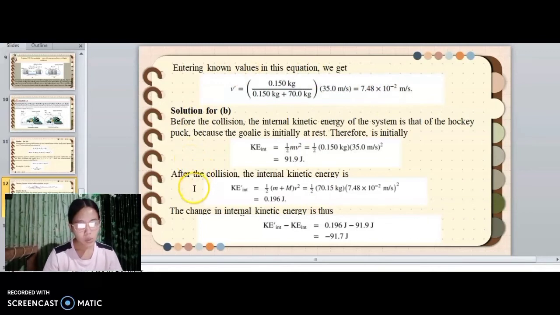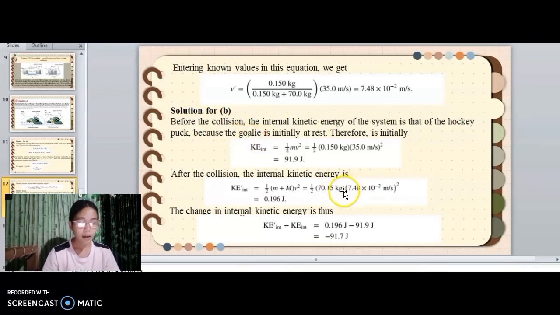Now, since we are asked for the loss of internal kinetic energy, we are going to subtract. The change in internal kinetic energy is thus internal kinetic energy prime minus the internal kinetic energy initial. So that would be 0.196 joule for the internal kinetic energy prime minus the 91.9 joules, which is our initial internal kinetic energy.